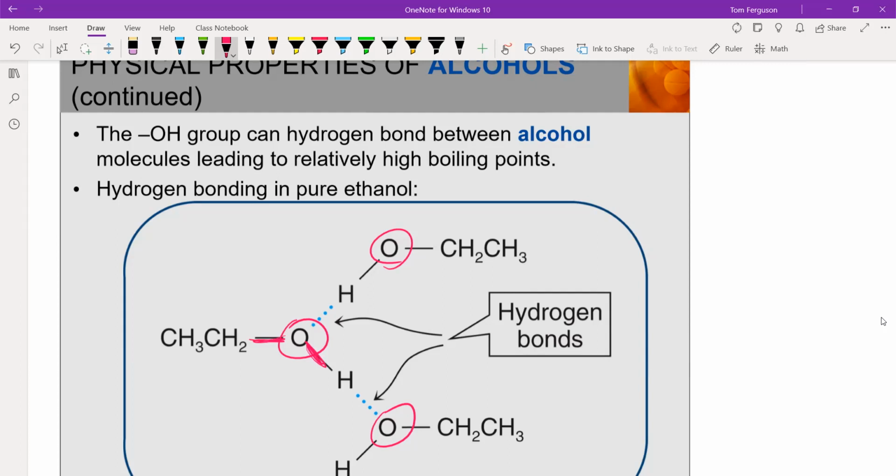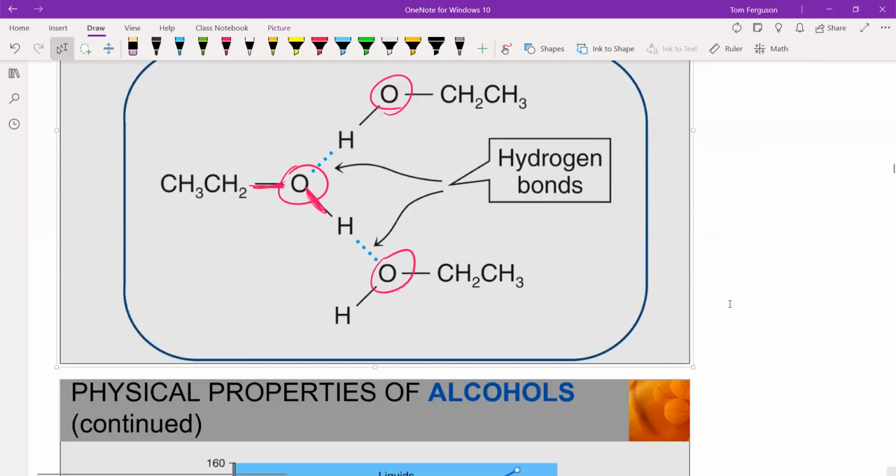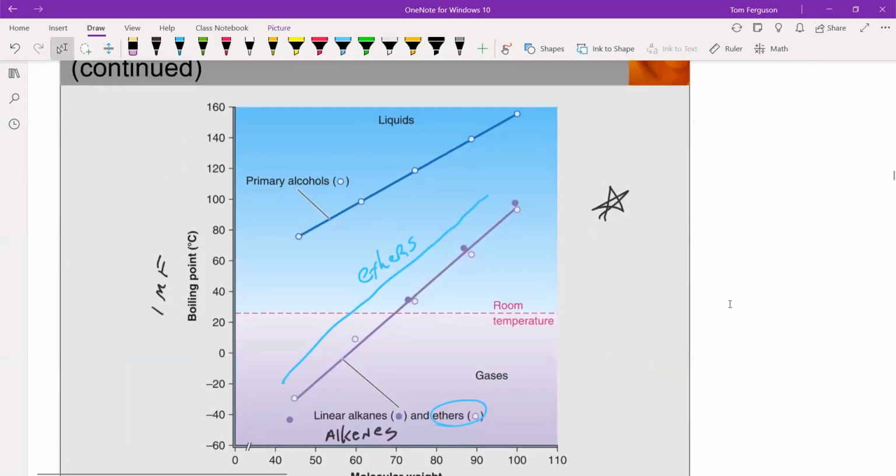So it's a very unsymmetrical molecule. Unsymmetrical molecules tend to be polar, particularly if they have an oxygen in them. Because of that, all alcohols have a much higher boiling and melting point than things like alkanes, alkenes, and ethers.